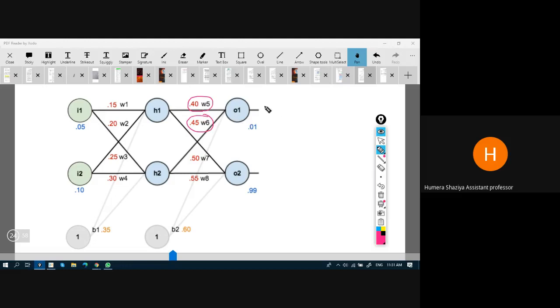Partial derivatives of O1 means you write del O1 with respect to W5, into, this is known as chain rule, del W5 with respect to, from where you are getting W5, H1. H1 is getting from W1 and W2. So this is with respect to W1, value will be equal to W2. Are there any doubts? Anyone is having any doubt?